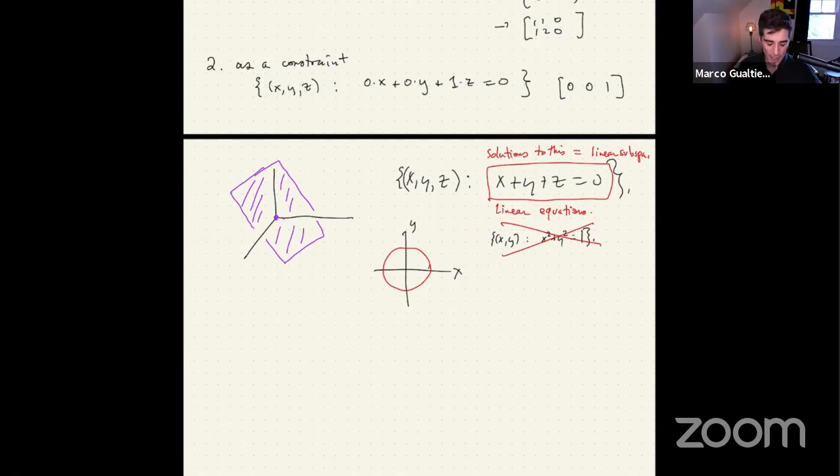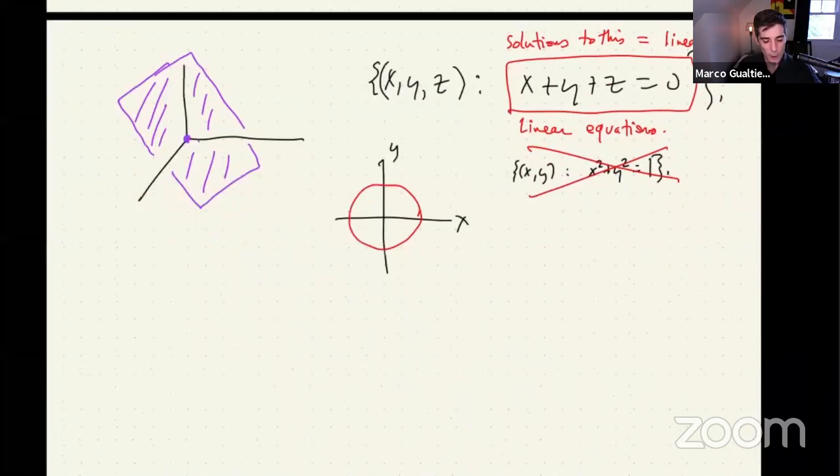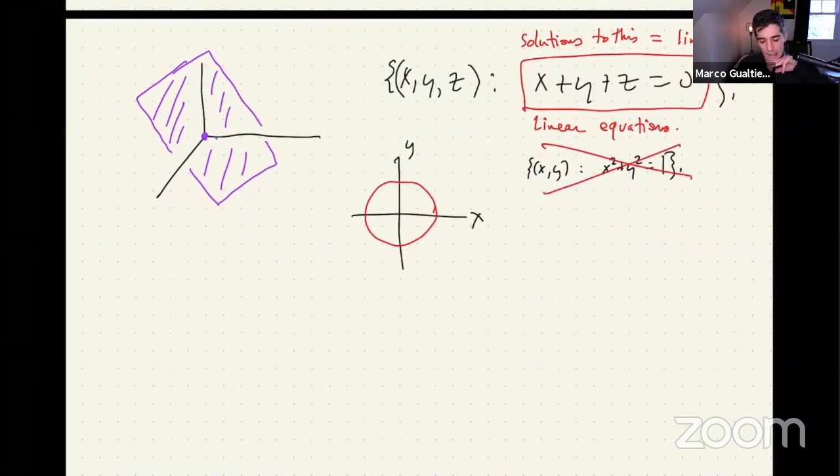If you want, you could think of it this way: when I write down a constraint like this, what I get is a subspace of R3, but this subspace is very different from R3 in the sense that R3 had a canonical basis.